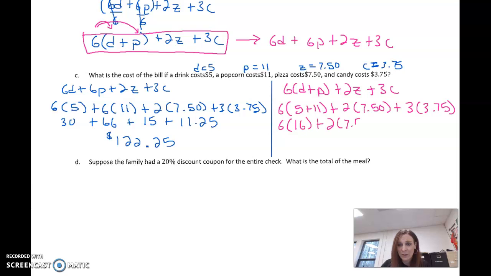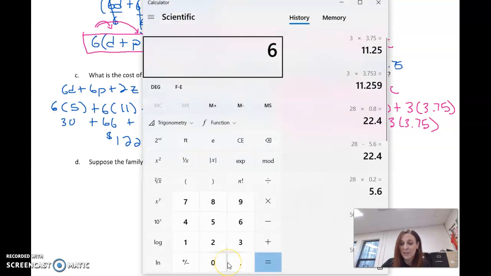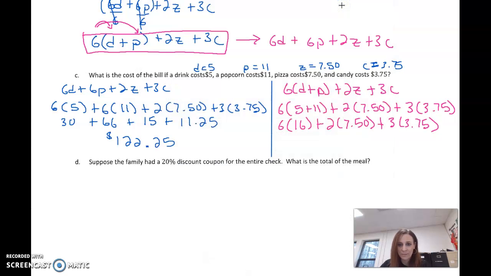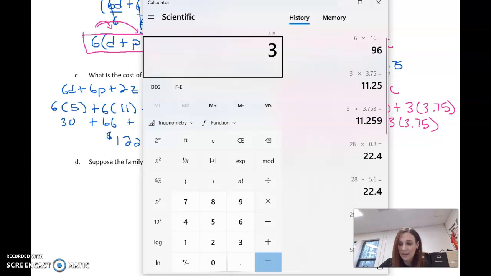And then 6 times 16 is 96. 2 times 7.50 is still $15. 3 times 3.75 is still $11.25.